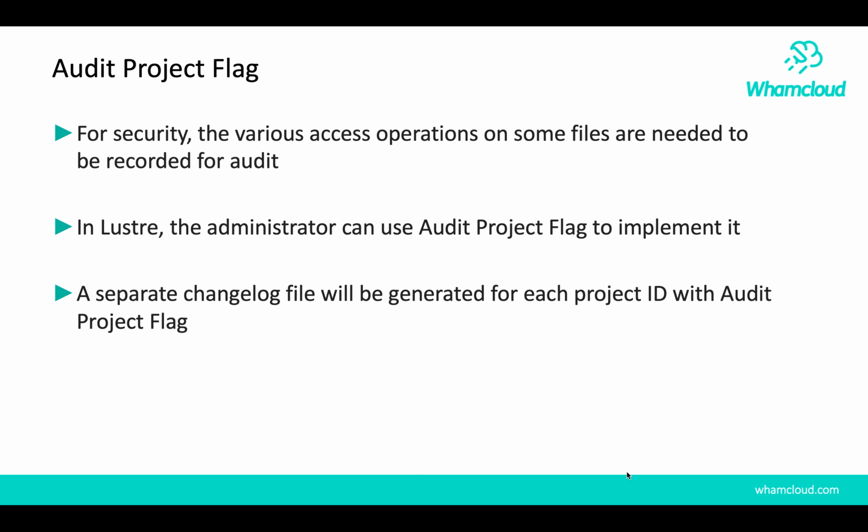By setting the audit project flag on the corresponding audit project ID, all the operations on the files owned by the audit project ID will be recorded and saved in some designated changelog file for future audit. It will use the existing changelog feature in Lustre to keep the extension relatively simple and more stable.